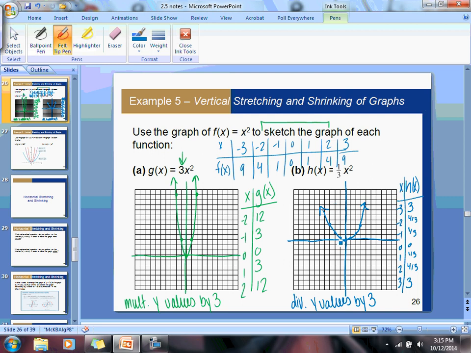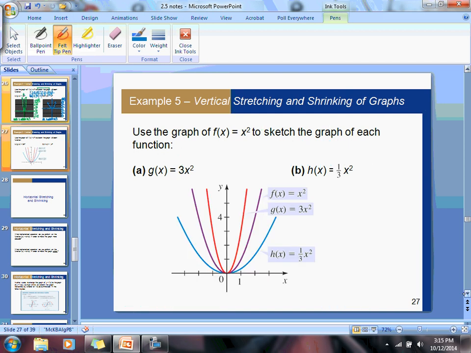So there's not as much space between one y value and the other, between one point and the other. There's a third less space. So it's a little tricky because visually it's getting narrower or wider, but we have to think of it as vertical. It's either being pulled or it's being smushed down.